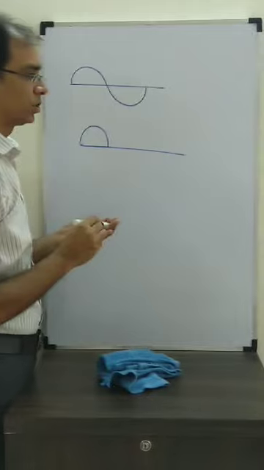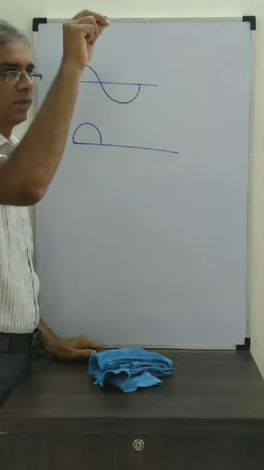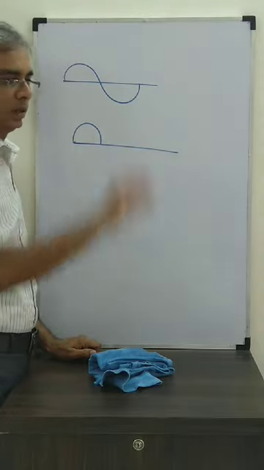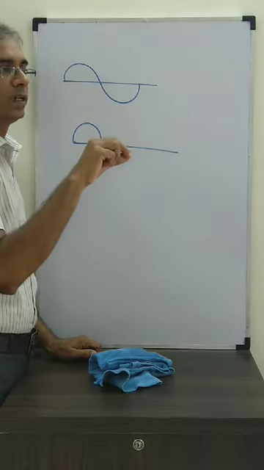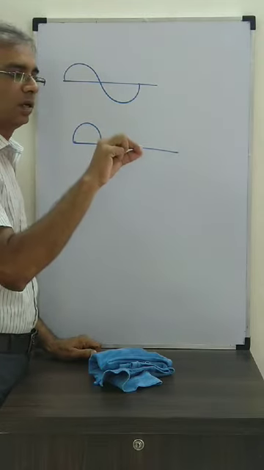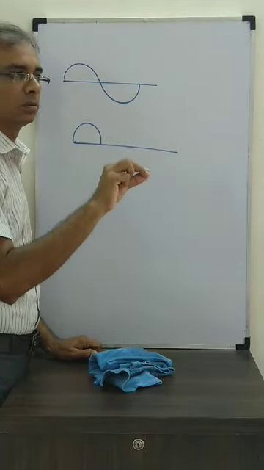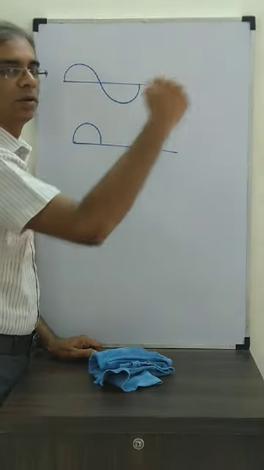If I have a string and I make a disturbance like this, one up from the mean position and then down, it will generate one wave. But if I do up and down here itself, that means I take it upwards from the mean position and back down to the mean position, it's a pulse.